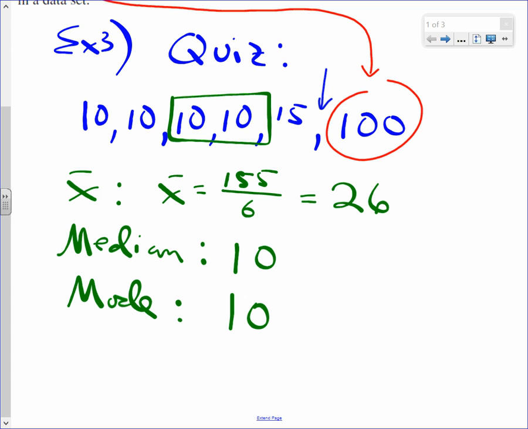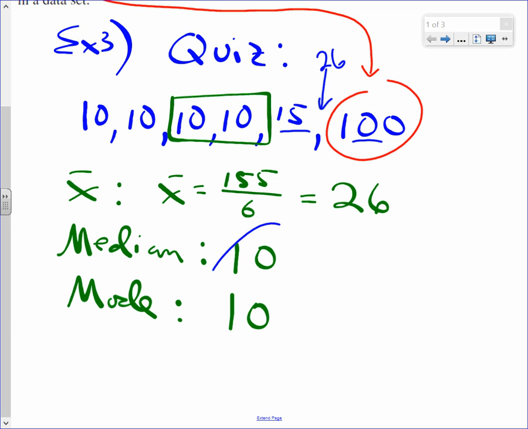Notice 26 would be in between this outlier freakish value and 15. In other words, 26 would be greater than most of the data. Notice how 26 is greater than almost all of the data besides the outlier. So in this case, 26 would not be a good measure of the center because it's greater than almost all the data except for the outlier.